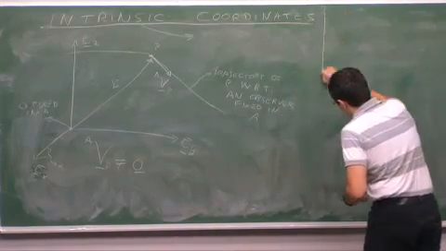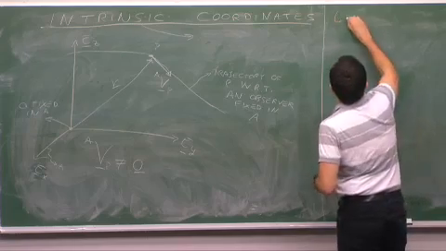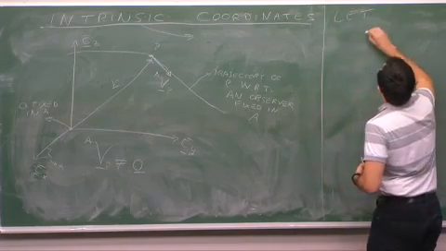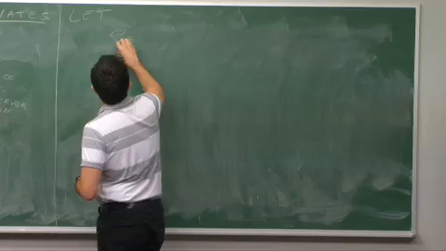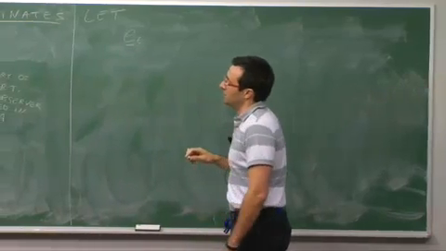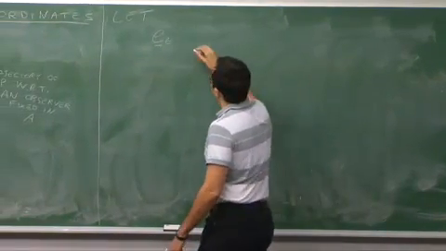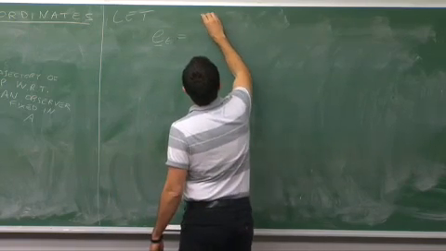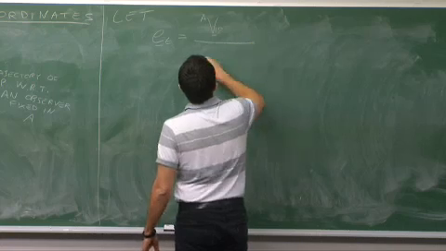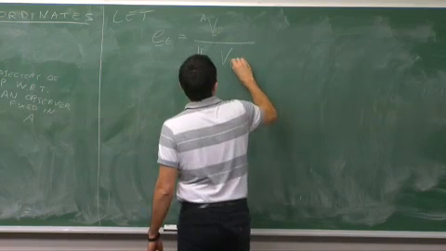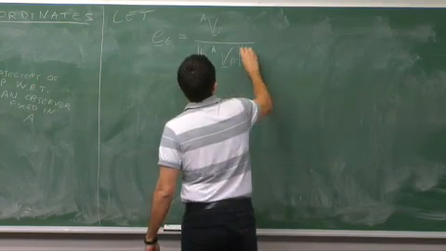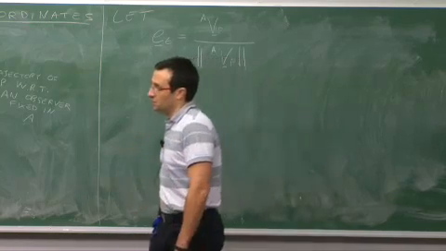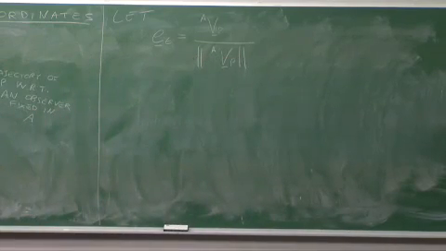Let's define Et, the first basis unit vector, as V of P in A over its magnitude. I just define it that way. Did I call the point P?